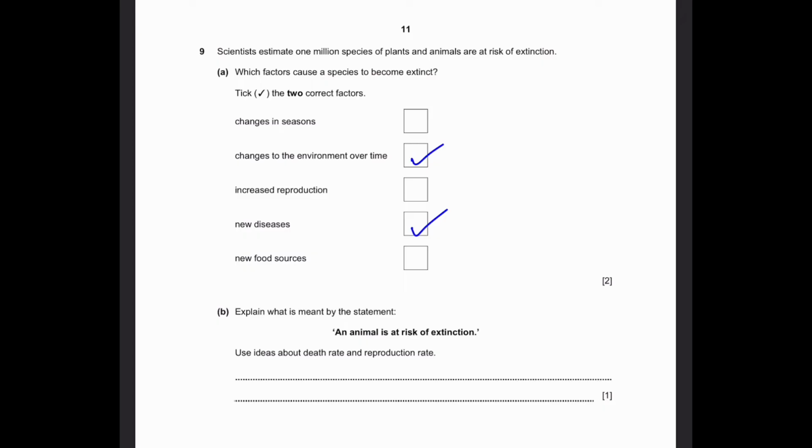Explain what is meant by the statement an animal is at risk of extinction. Use ideas about death rate and reproduction rate. We can see that there's only one mark, so it's not a lot that we need to write, it's just 1 point. And since they're already given that we need to use ideas about death and reproduction rates, we can just say that the death rate is higher than the reproduction rate.